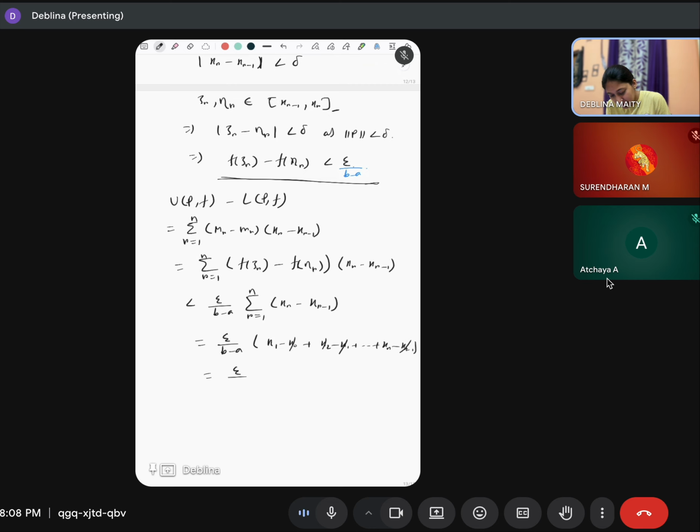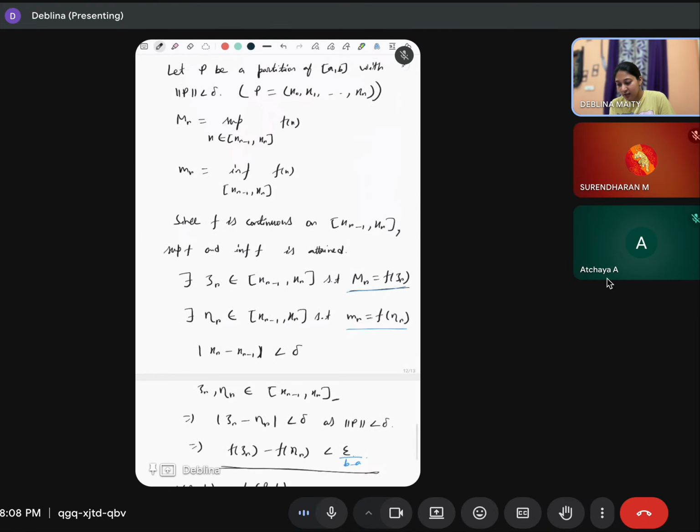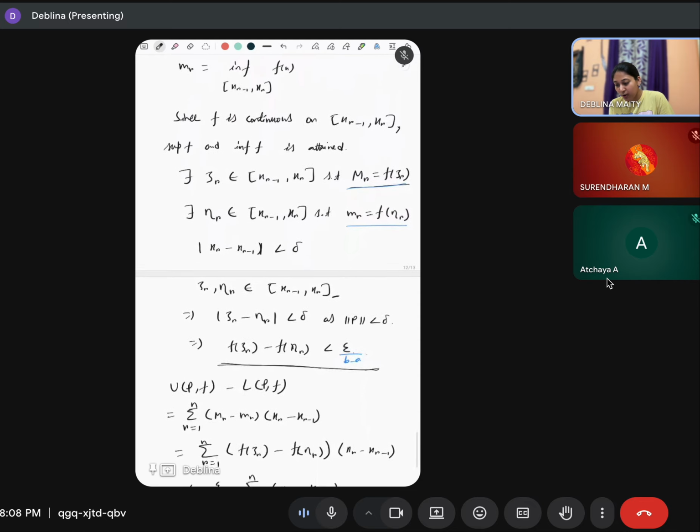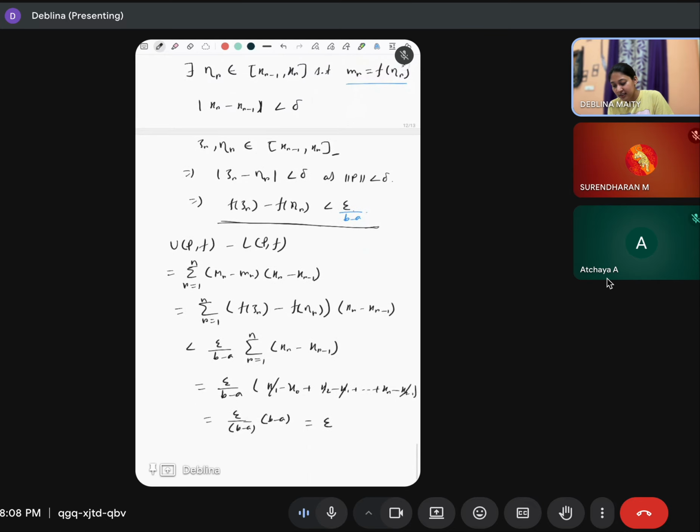So we will have epsilon by b minus a into xn minus, this will not cancel out, xn minus x0, which is b minus a, right? So this is actually epsilon. So we have found a delta for which whenever norm p is less than delta, this UPF minus LPF is less than epsilon, right?